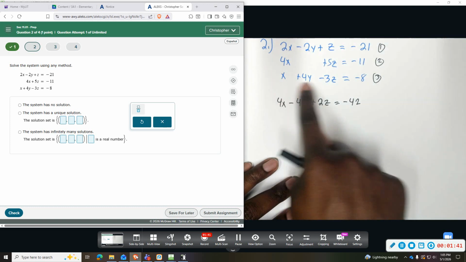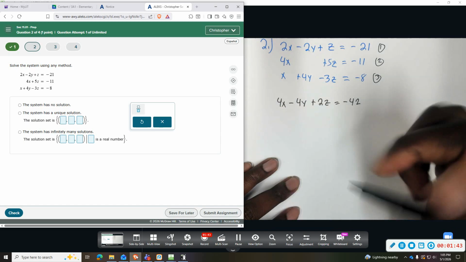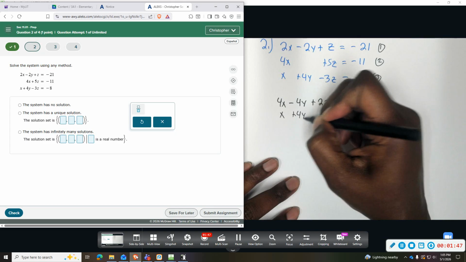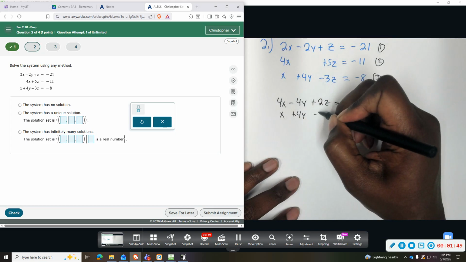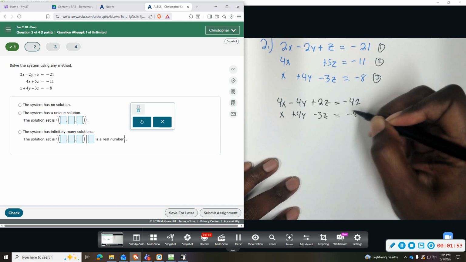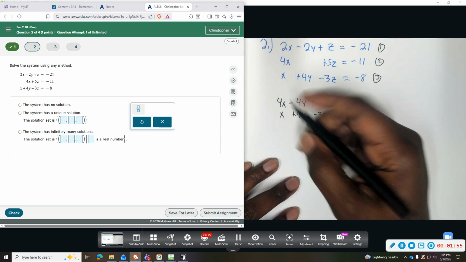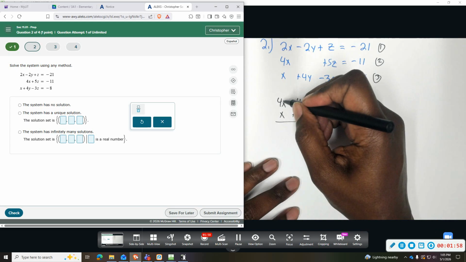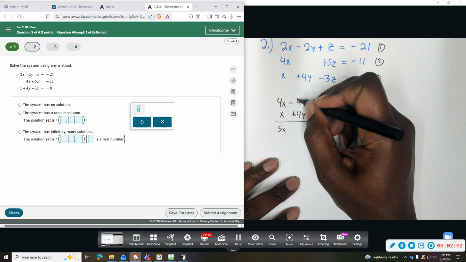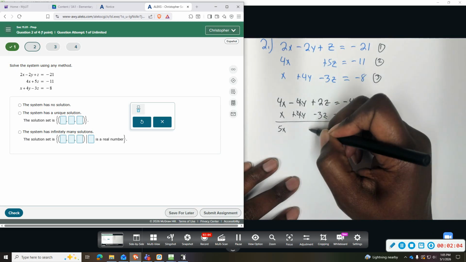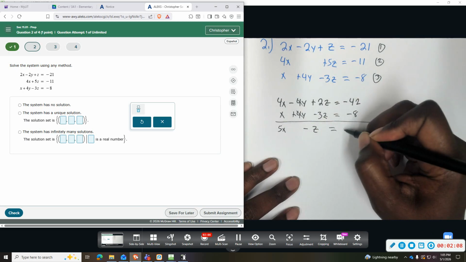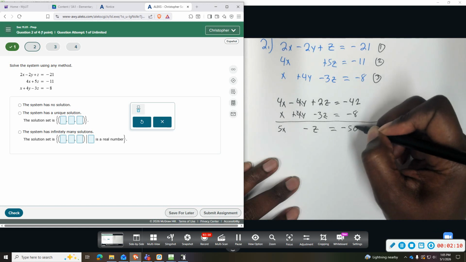And then, since the y is already opposite, I'm just going to bring it down below it. x plus 4y minus 3z equals negative 8. And now we're going to add these two equations together. This will give me 5x. The y's cancel. That's the elimination process. This will be minus z equals negative 50.